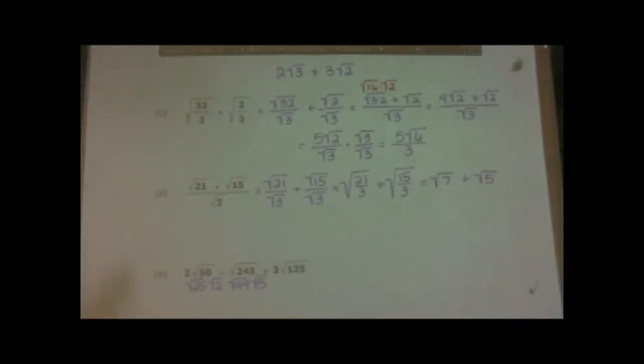So we're going to simplify this as the square root of 49 times the square root of 5. And the last one is 125, and I know this one by heart. 25 goes into this. This is 25 times 5. So the square root of 25 times the square root of 5.